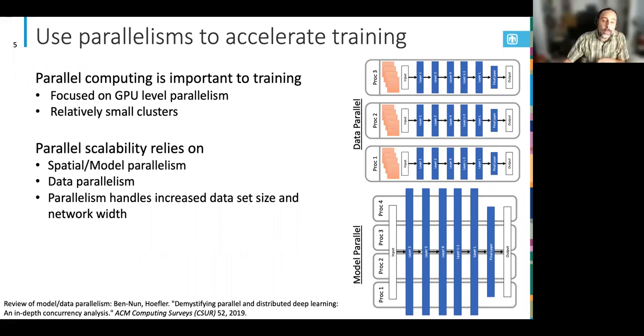And so parallel computing is really important to training, as the bottom line there. Generally we focus on GPU level parallelism, thread level parallelism on relatively small clusters of GPUs. And so there are different options that you might have in this context, okay?